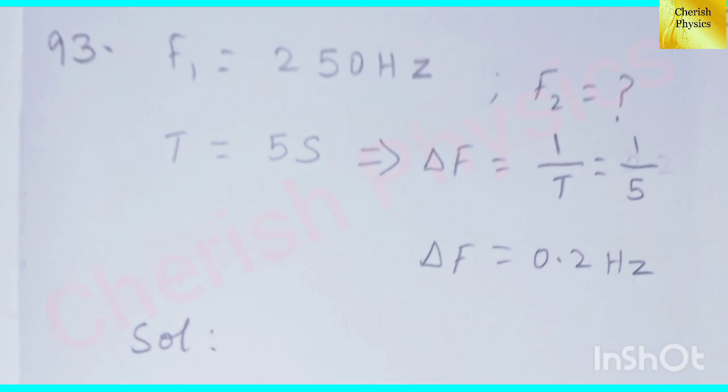Let's write the given data. F1 equal to 250 Hz and the time period to occur a circular figure is 5 seconds. That is T equal to 5 seconds. Hence, delta F equal to 1 divided by T, which is equal to 1 divided by 5. 1 divided by 5 is 0.2. We have to find the other frequency F2.